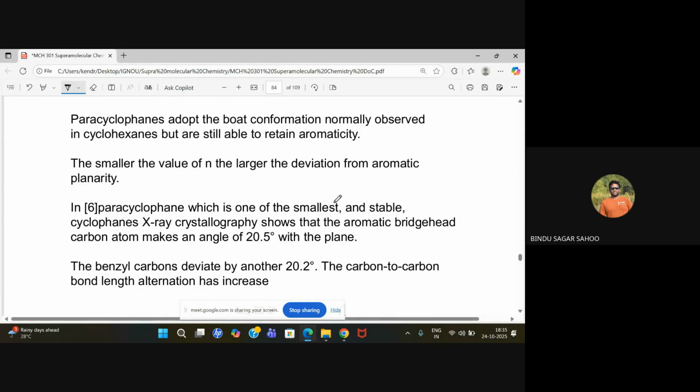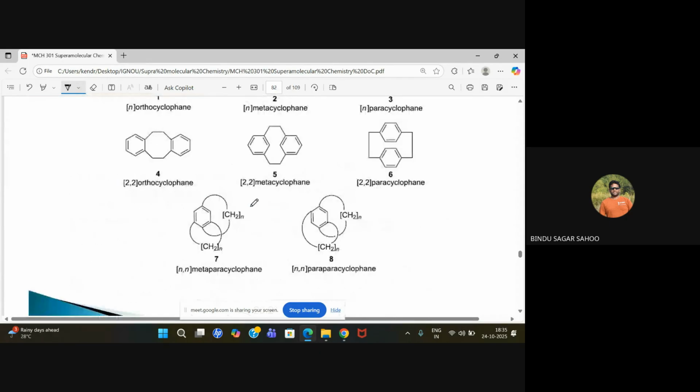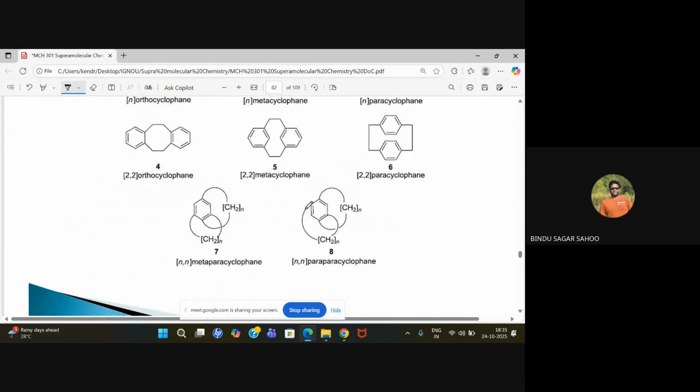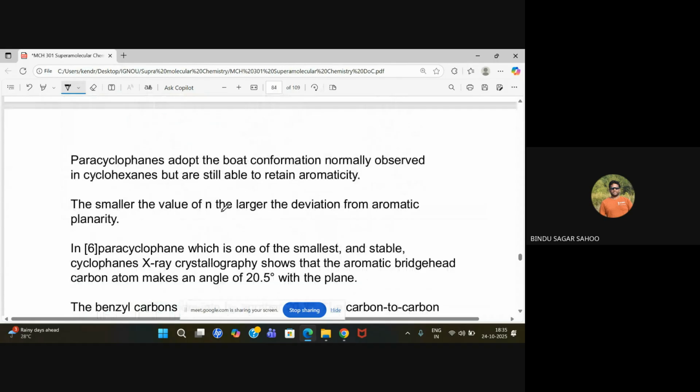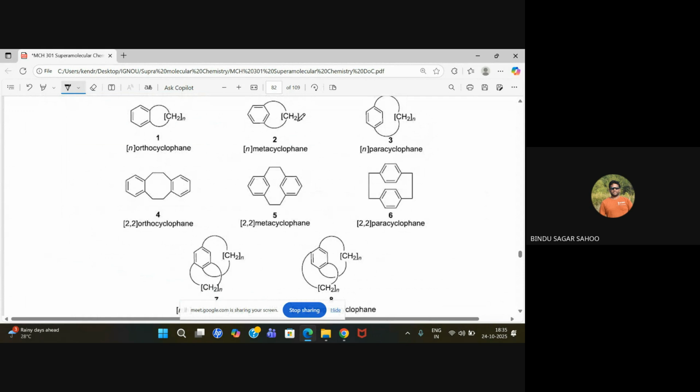So when the value of n, or the aliphatic ring size, changes, when the value of n is smaller, the deviation from aromatic planarity is larger. So when the n value is lower, the planarity is less.